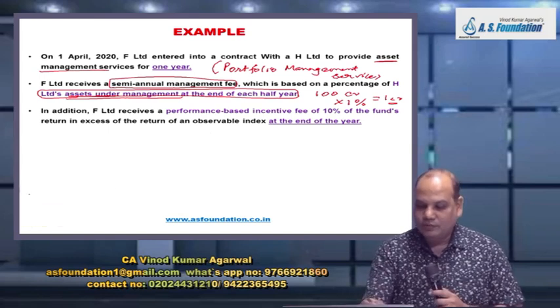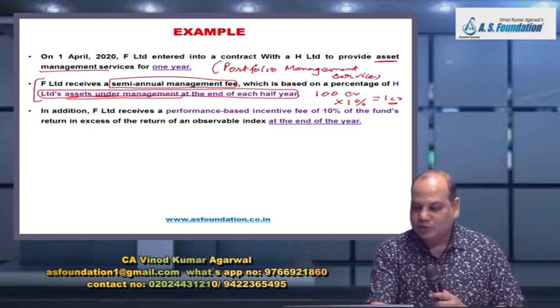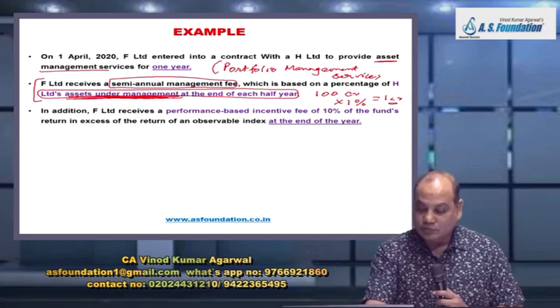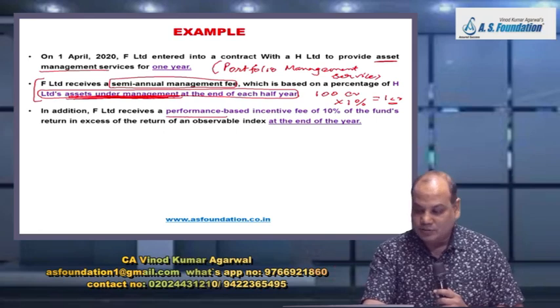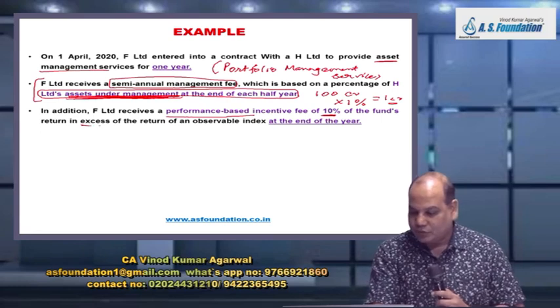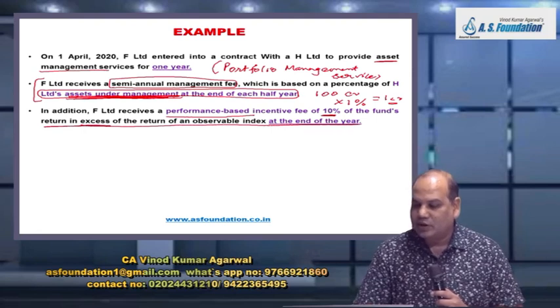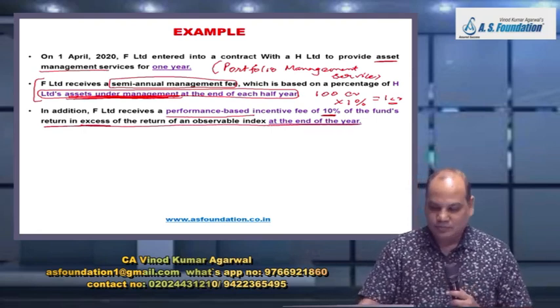Two types of revenue model are there. Fixed amount, which is 1% of asset under management. Whatever is the asset under management, just multiply by that fixed percentage. Second is performance based. That is 10% will be the fee if the return is in excess of the above observable index at the end of the year.